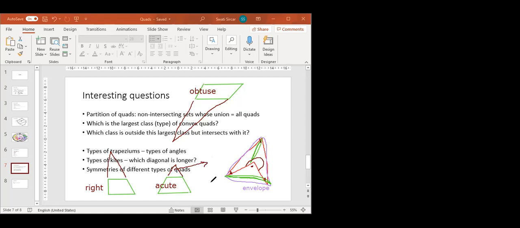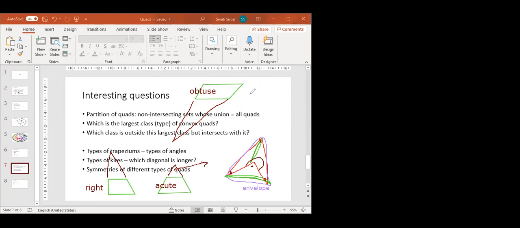So this is a loose terminology. I don't think there is any literature on it, but this is one way you can classify the trapeziums.